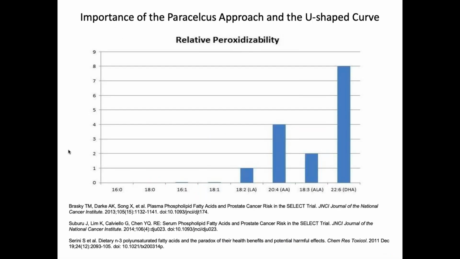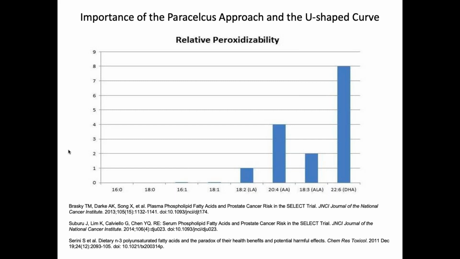The other part to consider, again, as I've mentioned, is how easily peroxidized, which just refers to the formation of lipid peroxides. The highly polyunsaturated fatty acids, because they have more than one double bond, are always going to be the most susceptible to the formation of lipid peroxides and oxidation overall. And we're trying to avoid that.